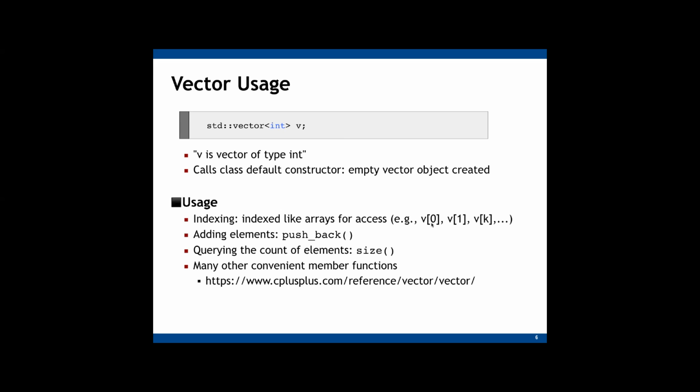You can only use square brackets to access elements that have already been initialized before. So to add a new element, you have to use the push_back member function. You cannot add a new element by using these square brackets. And by calling the size member function defined in the vector class, you can obtain the current size of the vector.